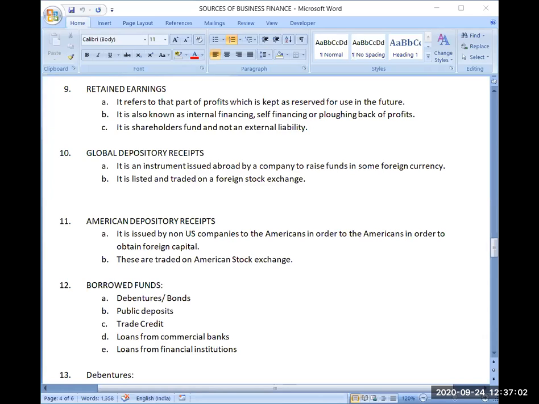So sometimes company retains some amount of profit earned into the business to fulfill its future financial requirements. That profit which company has retained for this purpose, instead of distributing that amount to the equity shareholders, is termed as retained earnings. Yes, meaning of retained earnings is clear.